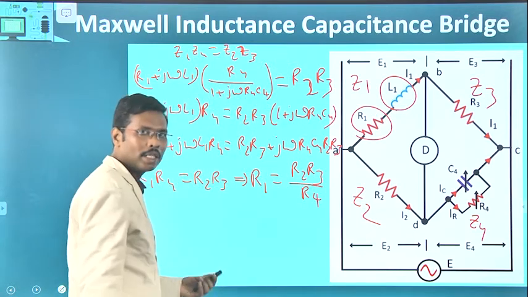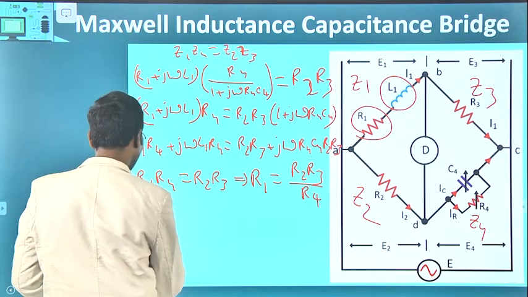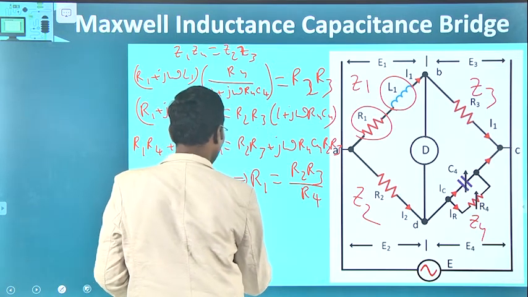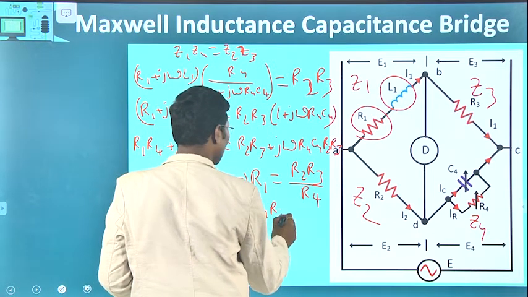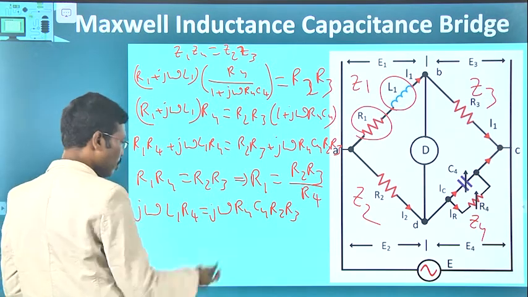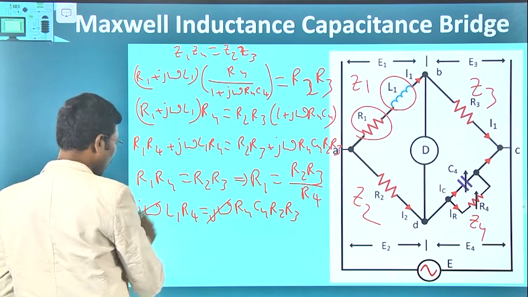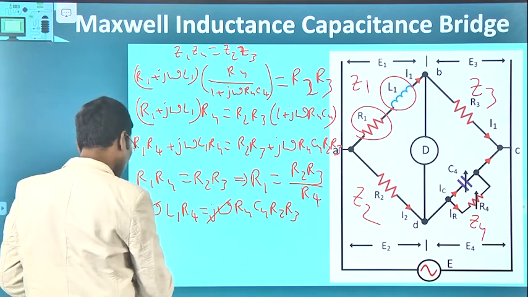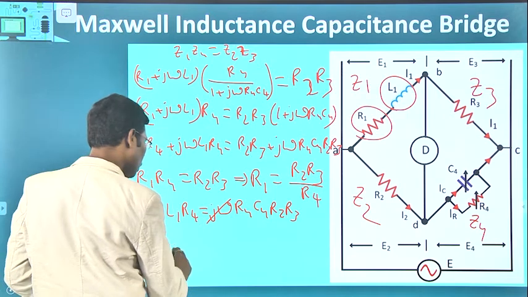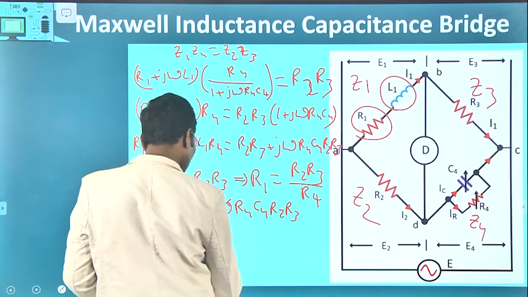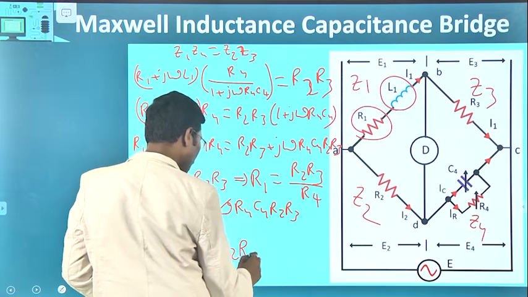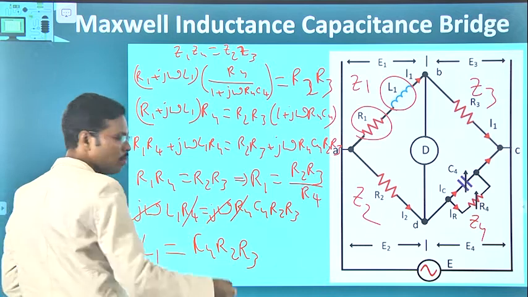Now we compare the imaginary terms, and we get j omega L1 R4 is equal to j omega R4 C4 R2 R3. Before deriving L1, we can cancel the common terms j omega and R4.